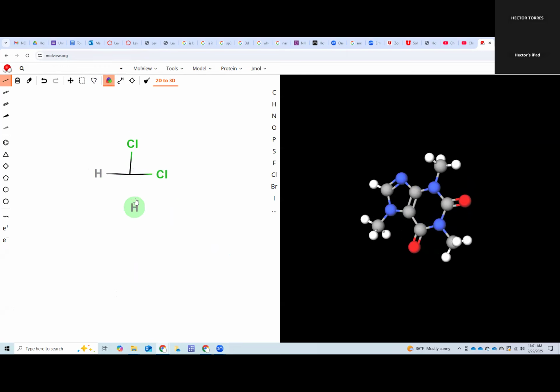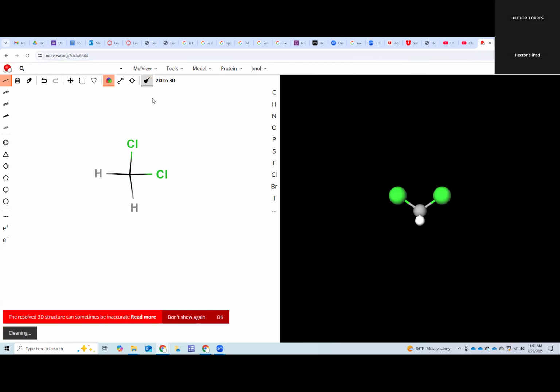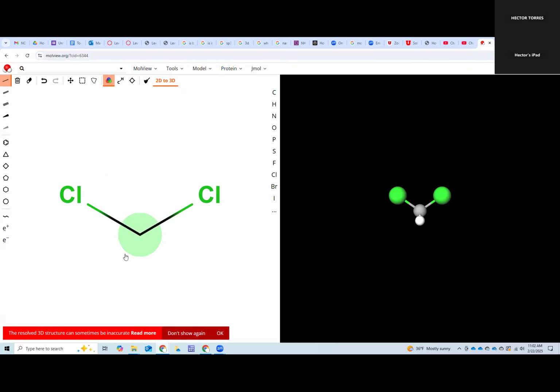Okay, and this uses a Lewis structure from organic chemistry. So it's going to take off those hydrogens, and it's not going to write carbon, since carbon is the most common atom in organic chemistry. We just kind of leave it off. So in 3D form, this is what it's going to look like. As you can see, each of them are at a different angle. They're as far apart as possible.